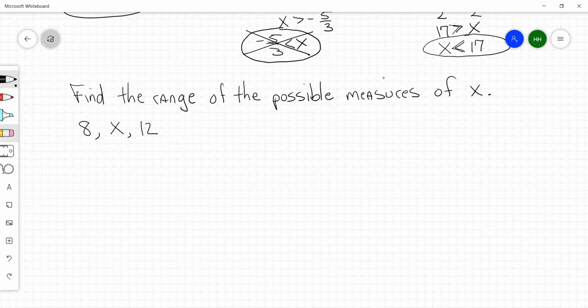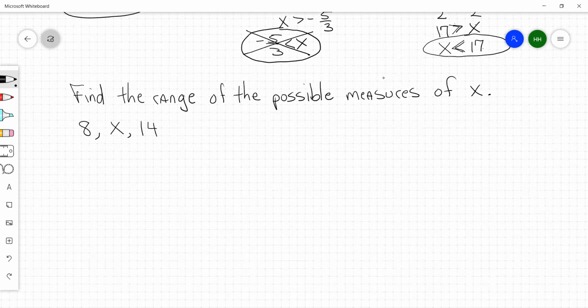Let's change the 12. Let's change it to 14. So can't you write your 3 inequalities again?